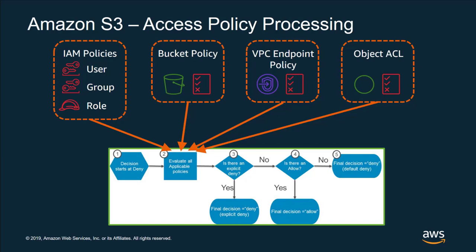If any of them have an explicit deny, we deny that API action. But if there's not an explicit deny, there must be an allow. It must allow permission to that specific user to do that S3 API call. If there is, then we will allow that API call to go through. Otherwise, by default, we deny that action.